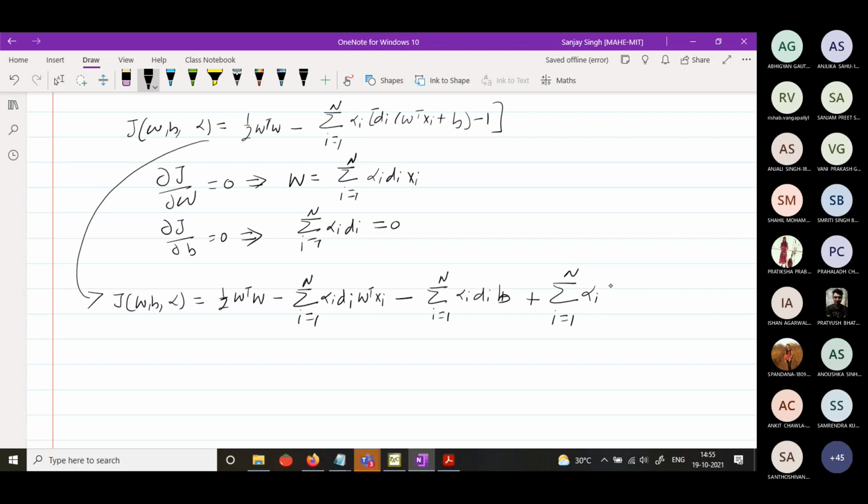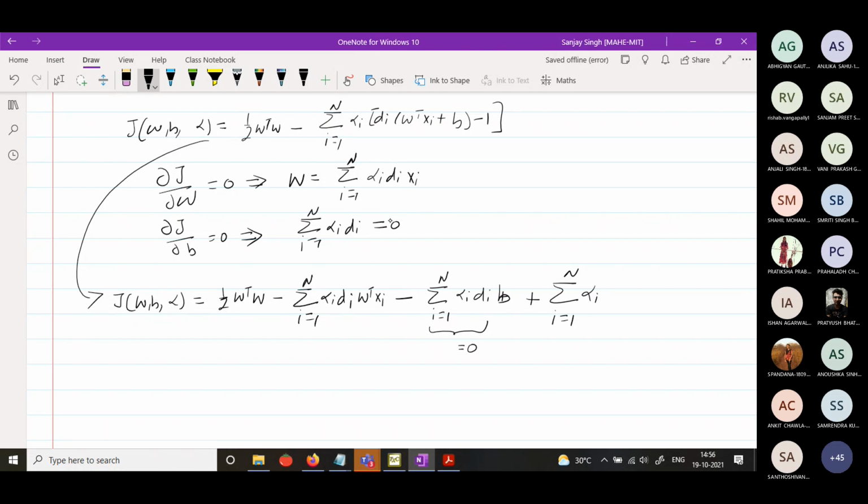Now if you see this particular part, what is alpha i di? We saw from this one that it is equal to 0, which we got after substituting this result from the primal. Since b is without any index, I can take b common out, and this part is 0, so overall this thing is 0.